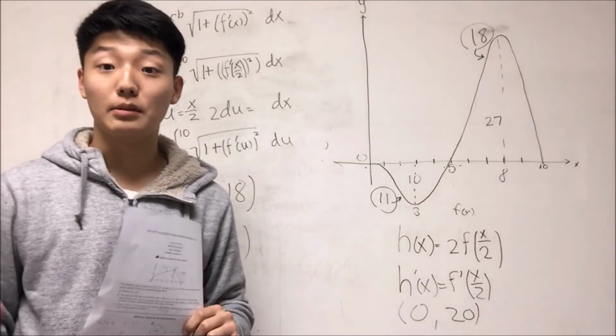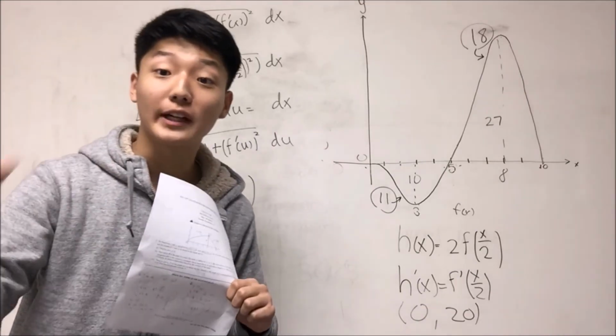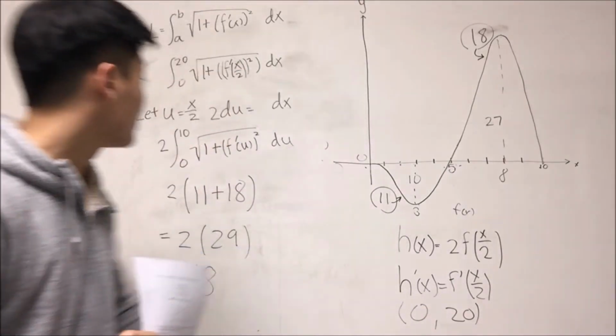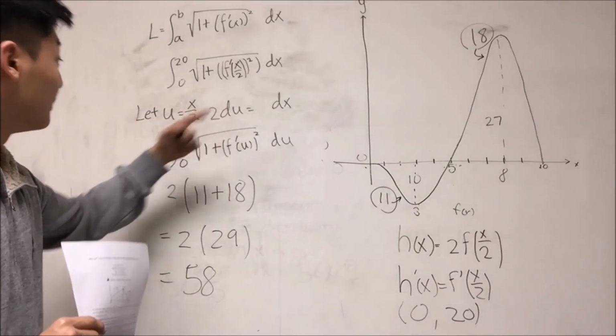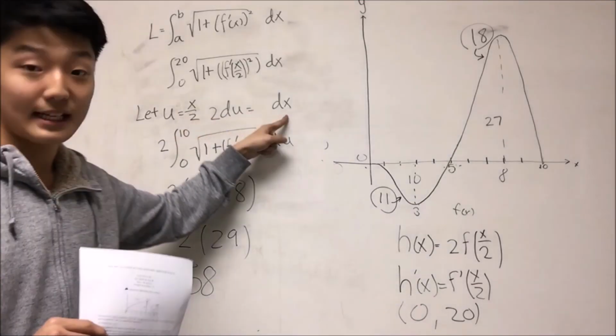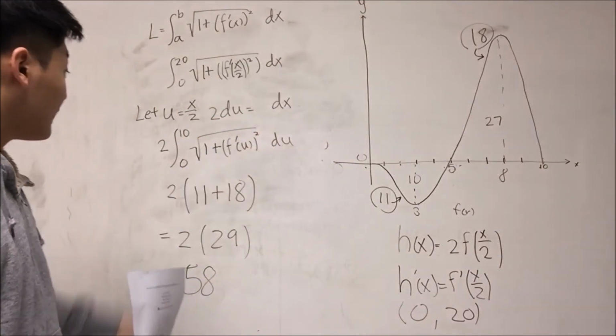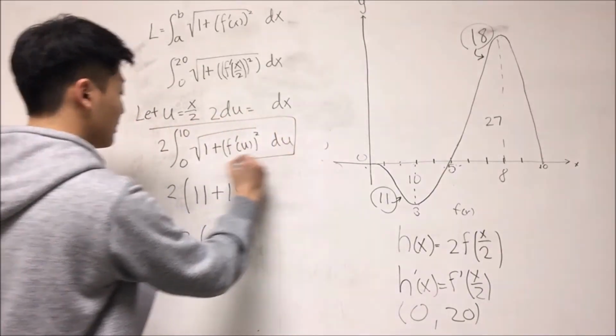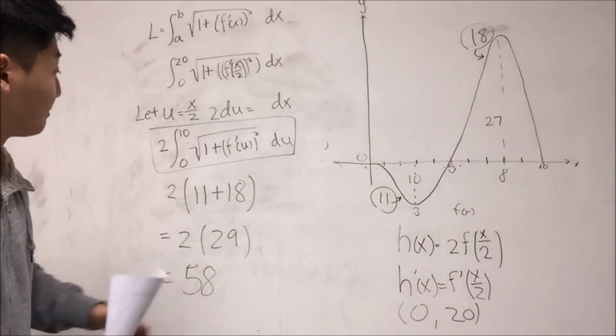So when you're solving the problem, try to solve it algebraically. After substituting all the given information, let's use u sub, which is equal to x over 2, which becomes 2 du equals dx. And then, after substituting all the information, it becomes this equation, 2 times.